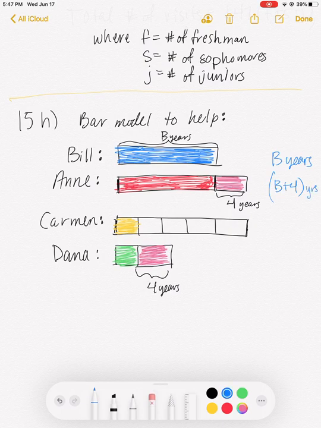And Carmen is a fifth of what Anne is. So it's B plus 4 all over 5 years. And Dana is 4 years older than that. So Dana is B plus 4 over 5, plus another 4 years.